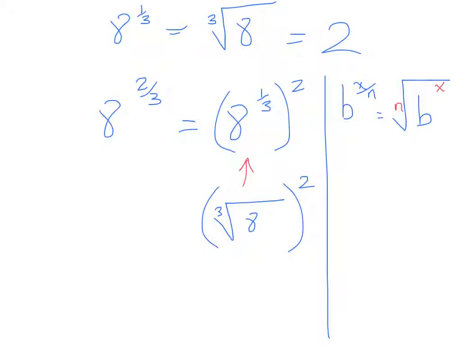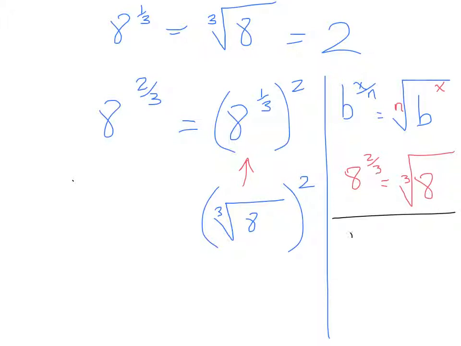So we have here the example that we did before, 8 to the 2/3: the big number goes under here, 3 is the index, and our exponent here is 2.